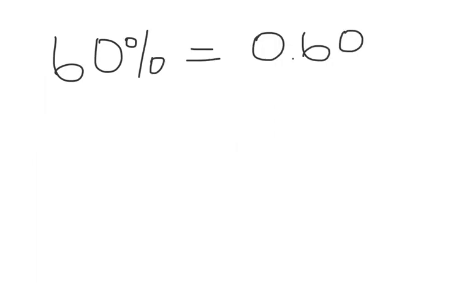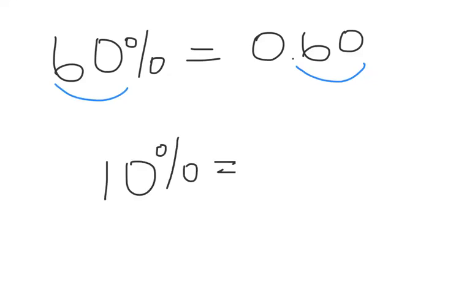We did the 60%, so that will equal 0.60. I always write both here just so that that looks exactly the same. And the 10%, that will be 0.10. So that was just, now you convert from a percentage to a decimal.